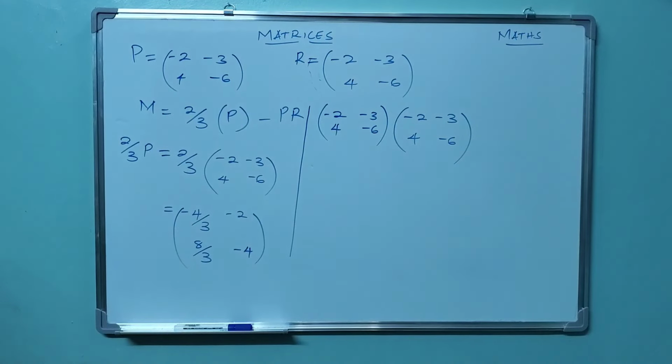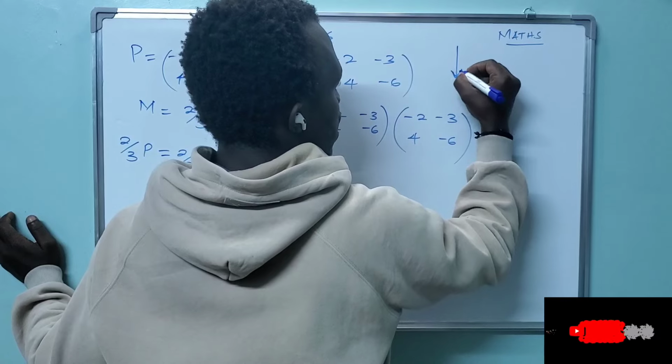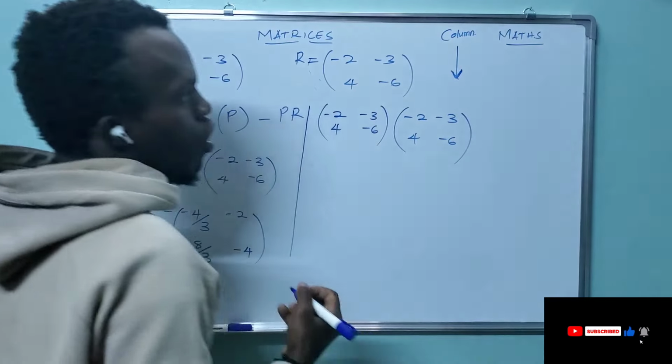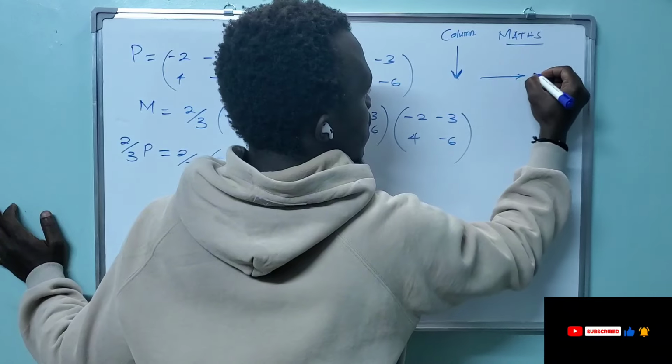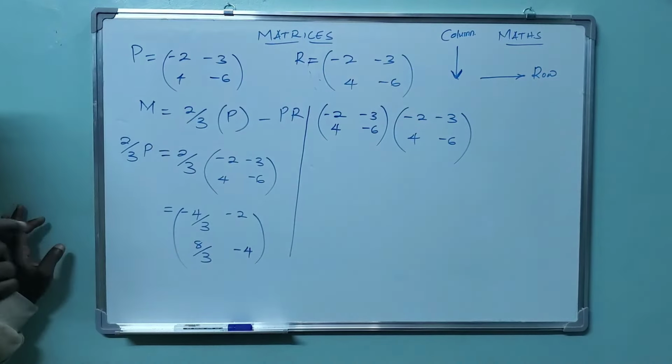Remember in our previous lesson, I said that whenever you multiply matrices, you have to consider the row and the column. When you go downwards, this is the column. When you go sideways, this is the row.